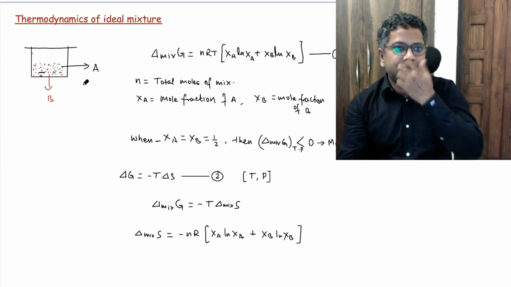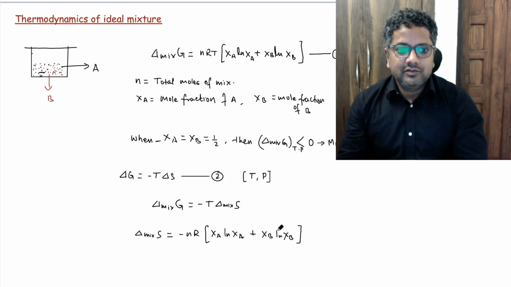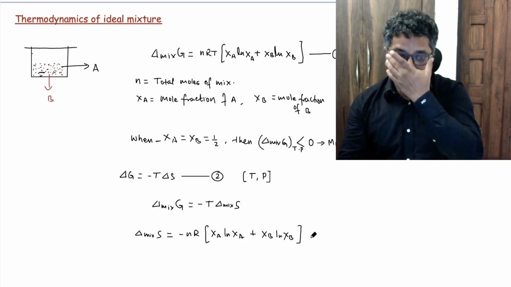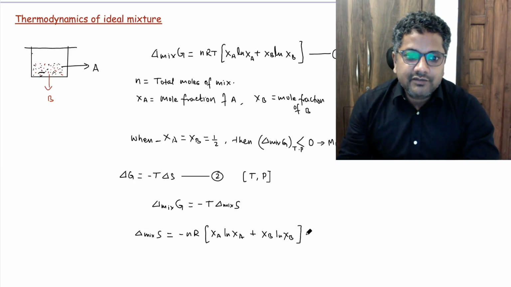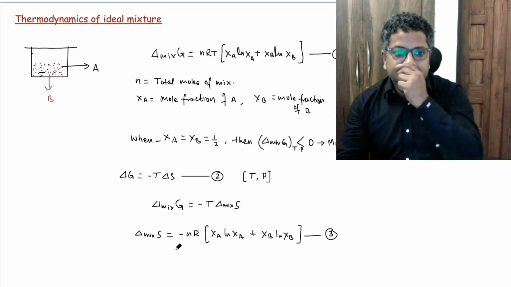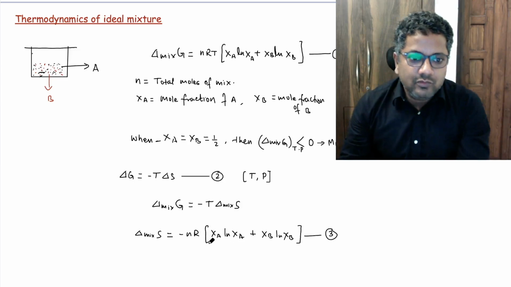Suppose that three components are mixed, so you can take plus that also, right? So this is equation 3. By using this equation, you can calculate the delta S mixing of two components.